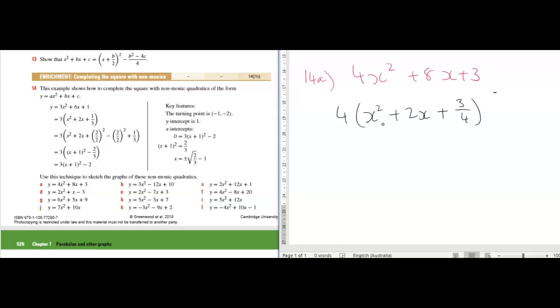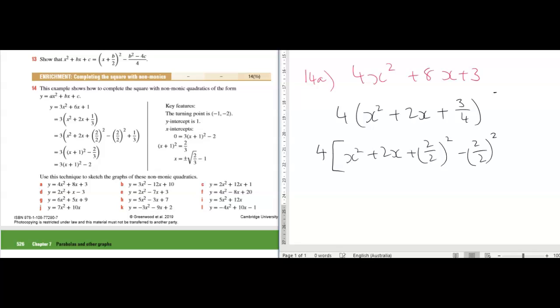When you take out that 4, the 3 becomes 3 on 4. Now, that 4 just stays out the front. I always like to use square brackets if we're going to be using curved brackets as well. So we've got x squared plus 2x. Now, take the coefficient of 2, divide it by 2 and square it. So we're basically completing the square.